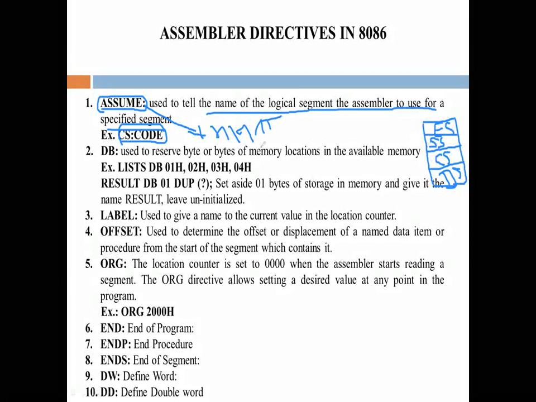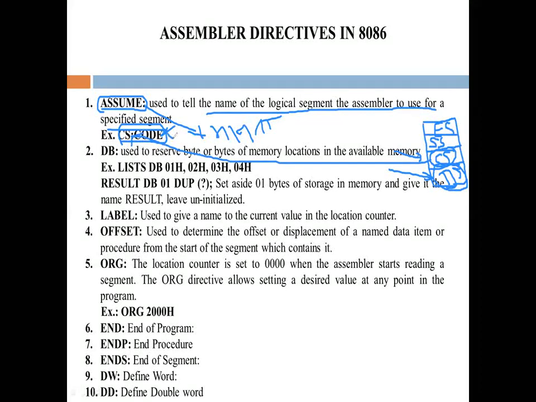When we write a program, data is stored in the data segment and code is stored in the code segment. In the program, we assume a certain logical word for a specified segment, such that here we are taking CS as CODE. Wherever we write the word CODE, it tells the assembler that it is defined for the CS segment.